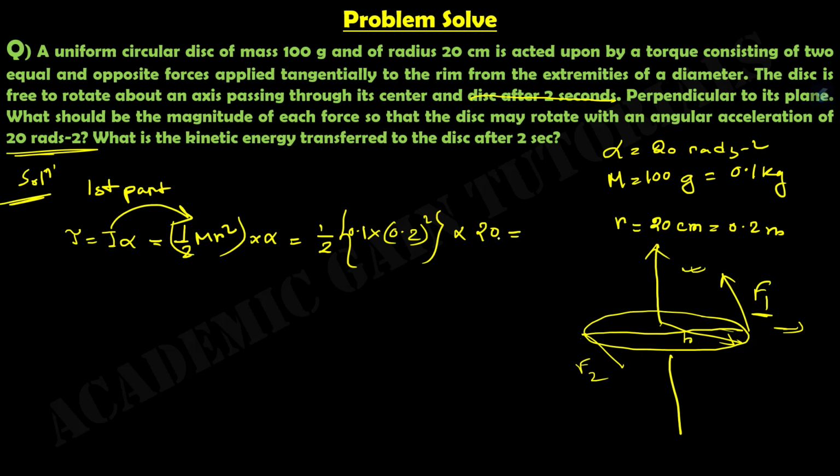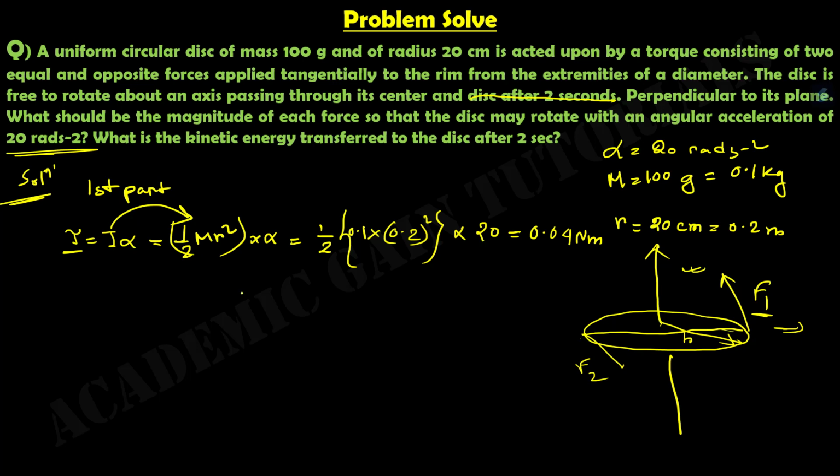If I calculate the whole value, I will get 0.4 Newton meter. So I found our torque tau, but I don't need the torque. I have to find the magnitude of each force.